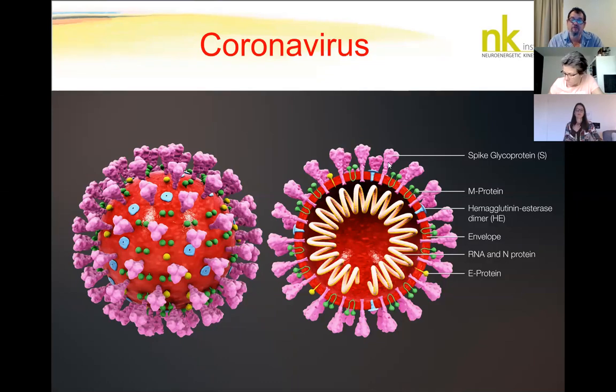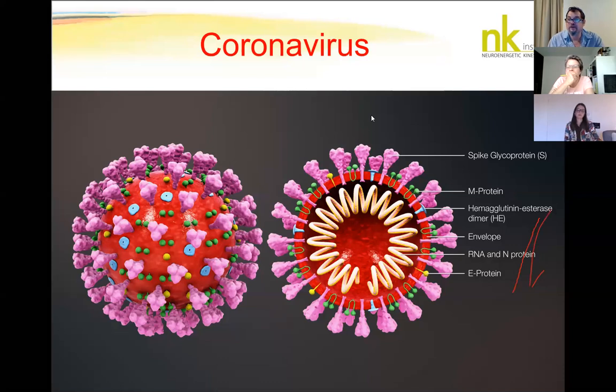The previous coronaviruses enter the cell by endocytosis, whereas this one enters by membrane fusion. Okay. And this is why this virus is particularly infectious.